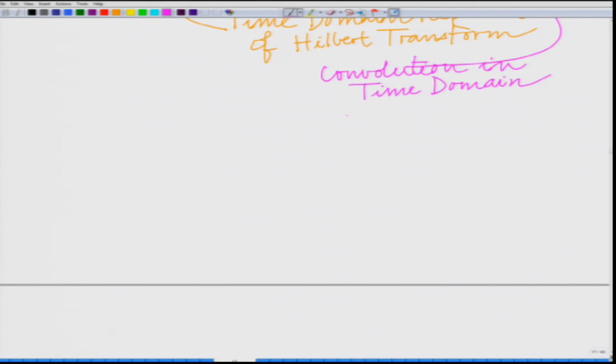Now, the frequency domain representation, that is, the output Fourier transform. Remember, convolution in the time domain is multiplication in the frequency domain.